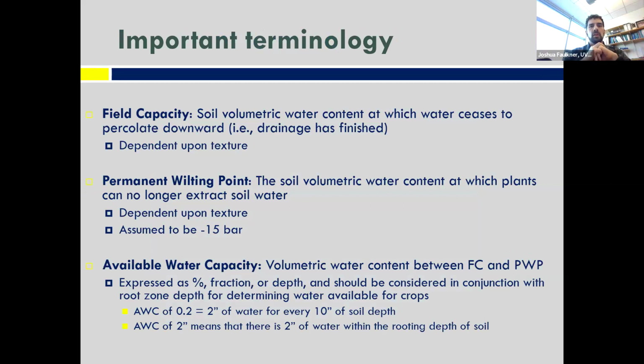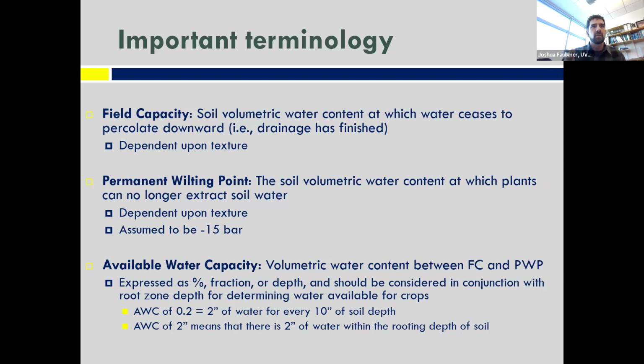This is the water content of the soil after it's done draining. I'll show a slide later where someone's dipping a sponge into water and lifting it out of the bucket, and the water drains out of that sponge until it stops. That's what happens in soil too.